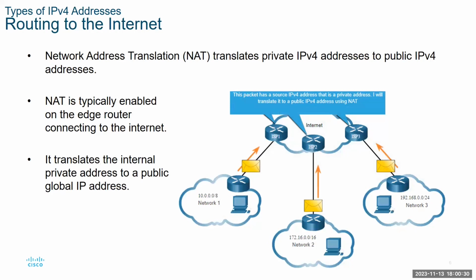So that network address translation is where the private address gets turned into, or translated to, a public address. Let's say replaced with a public address before it goes out to the internet. So I've got an animation for that.